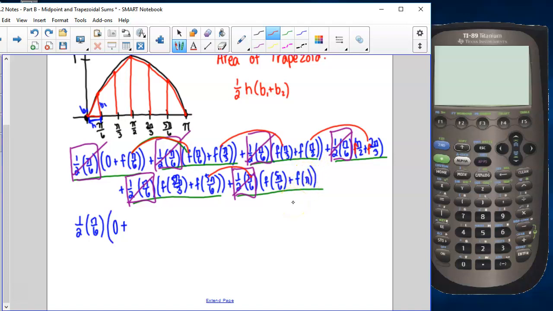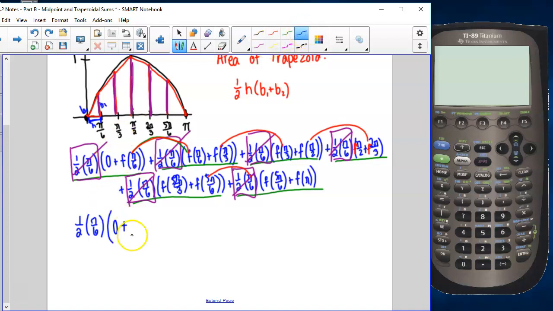All the middle ones are there twice, because everything in the middle was a base of 2 separate trapezoids. So all of those middle sides got used twice. But the ends were only used once.